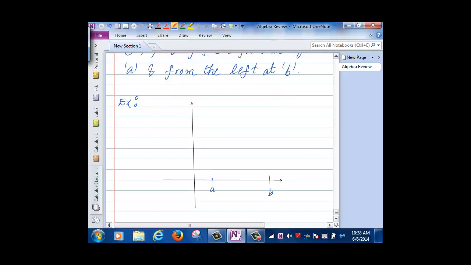A function continuous on this interval means the function is continuous at every point in between a and b. At the endpoints, maybe the function is not defined outside of this interval, so I cannot talk about continuity at a from both sides. I have to talk about continuity at a from the right only, and in the same way we can only talk about continuity at b from the left.